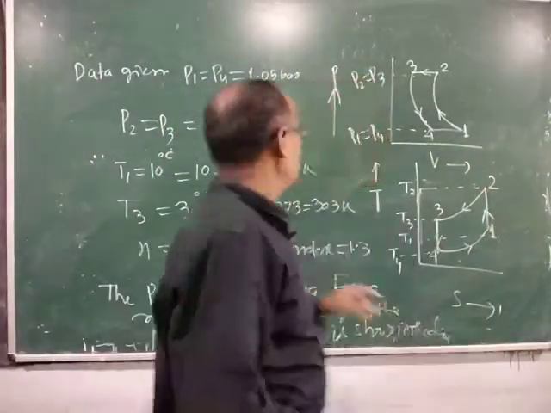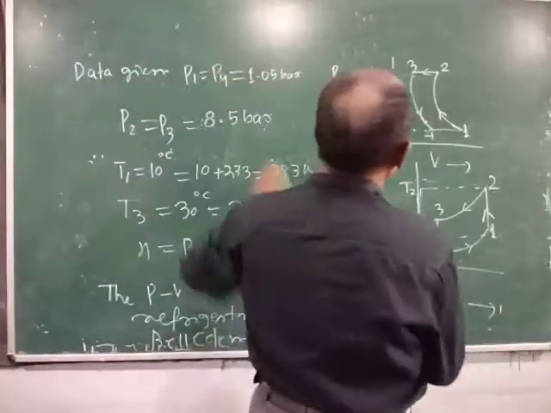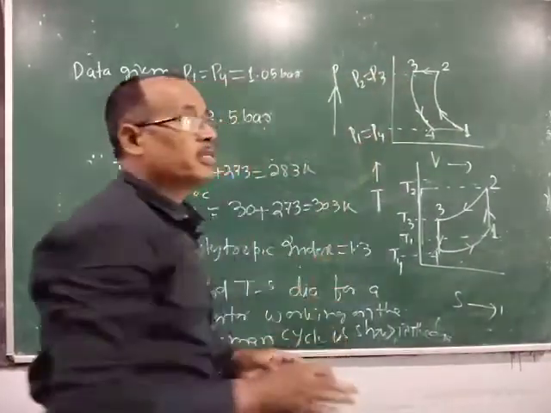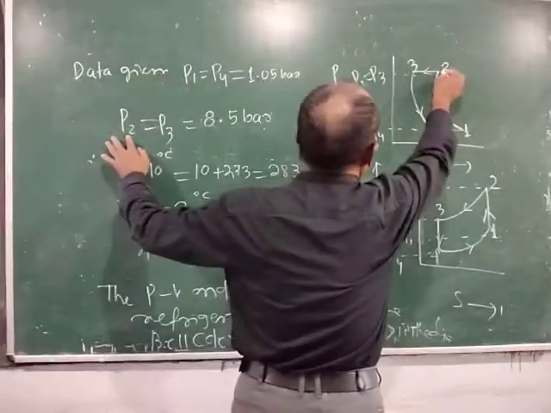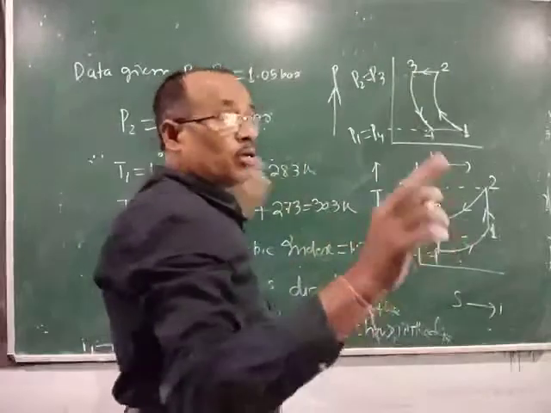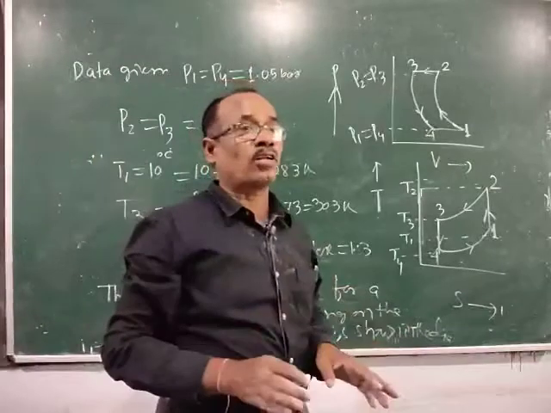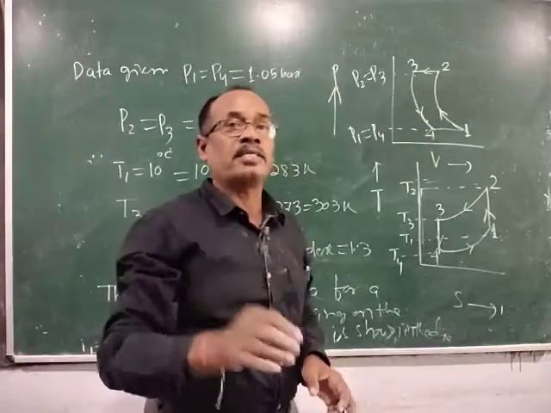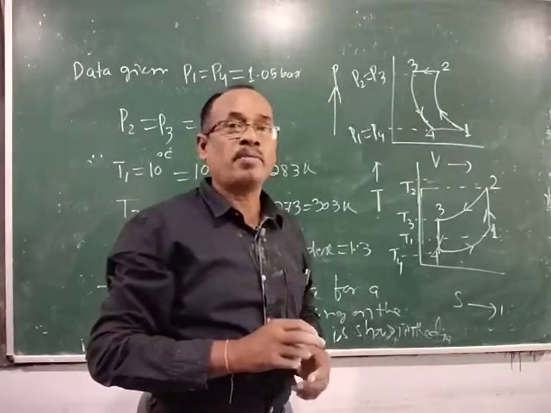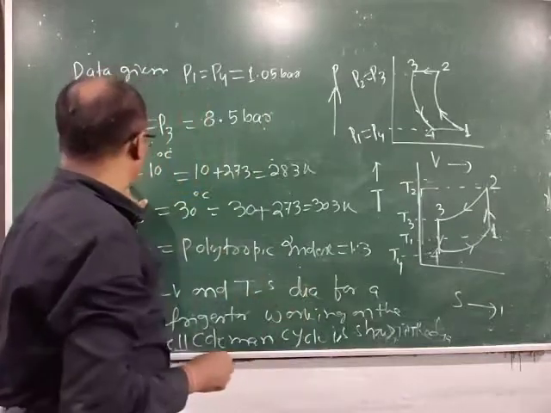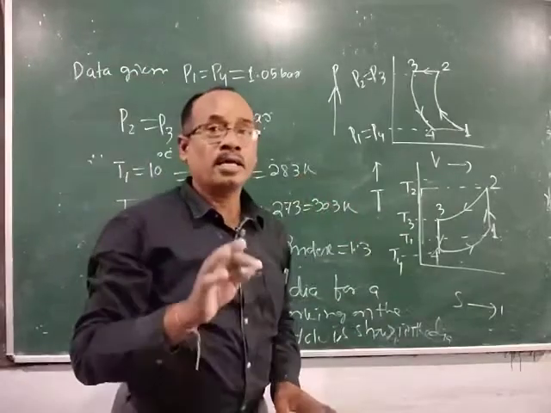Data given. Here P1 is equal to P4 is equal to 1.05 bar. Then P2 is equal to P3 is equal to 8.5 bar. Then initial temperature T1 is equal to 10 degree centigrade. You know that 0 degree centigrade is equal to 273 Kelvin. Therefore, T1 is equal to 10 plus 273 is equal to 283 Kelvin.